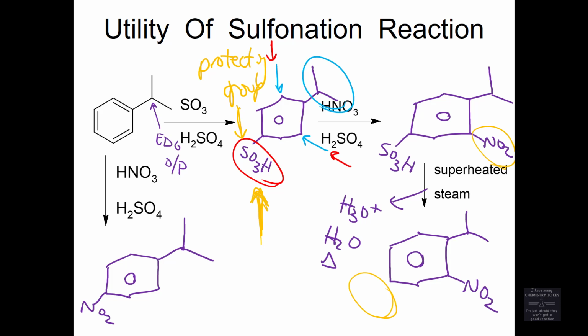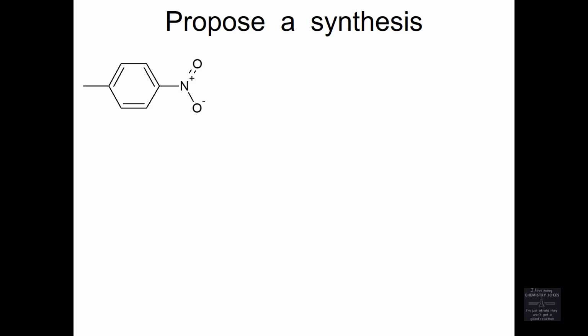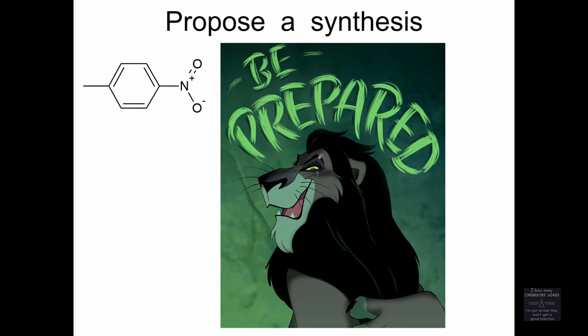Then you take off your protecting group. So protecting group chemistry: put your group on to protect what you don't want to happen, do the reaction as you wanted it to go in the first place, and then take that protecting group off. We're going to do several things with protecting group chemistry, but that's enough for this video. We're going to do synthesis after synthesis after synthesis in the next one. Be prepared.